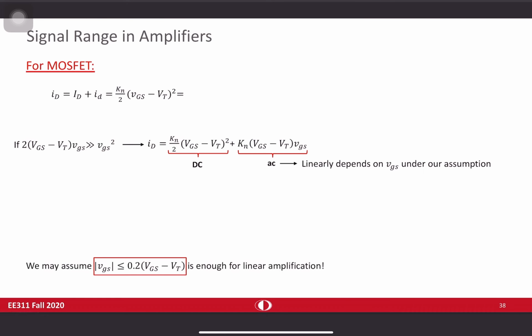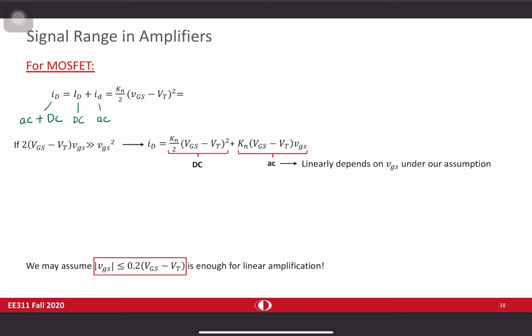Mathematically, I can say that the drain current, in this notation you see both AC and DC. Why? Because i is small letter, D is capital. So it has both AC and DC. This is DC, this is AC.